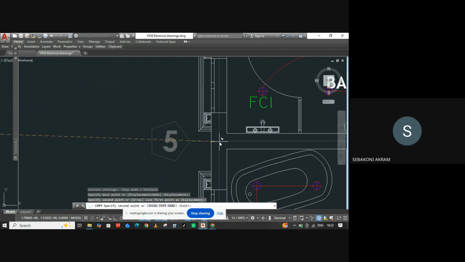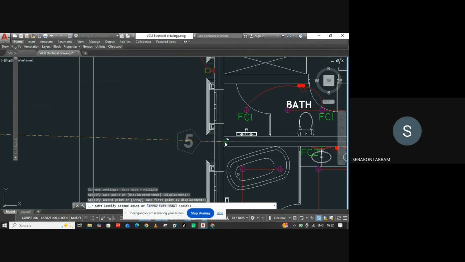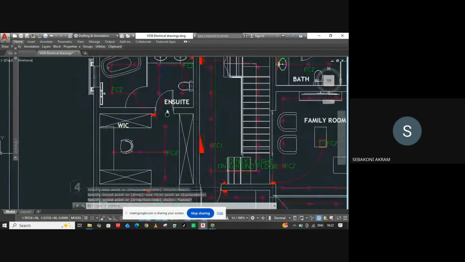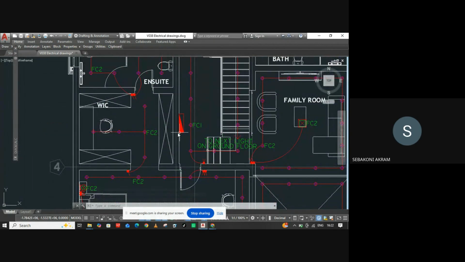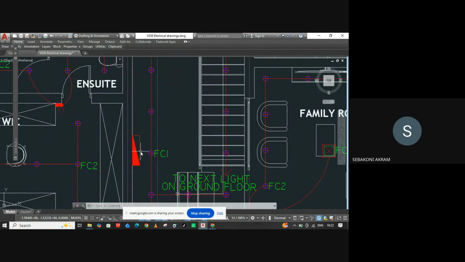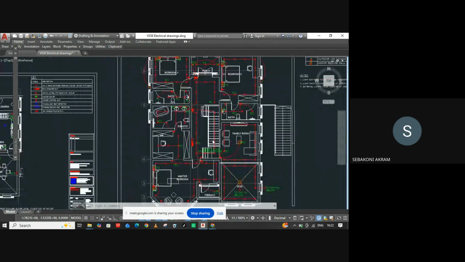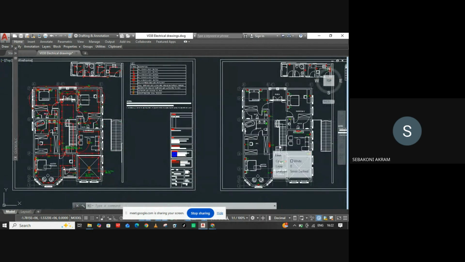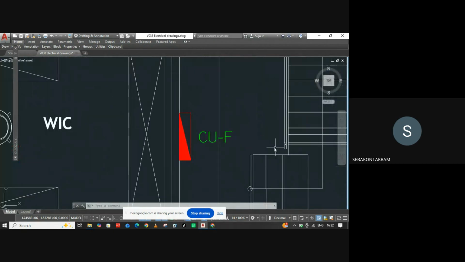You see? That has given us a reference based on the grid. So when you come to see here, it has really come to that position. Though I'll put it in the lighting layout. I had to put it in the socket layout. So when you come to the socket layout, that's why we positioned it there.